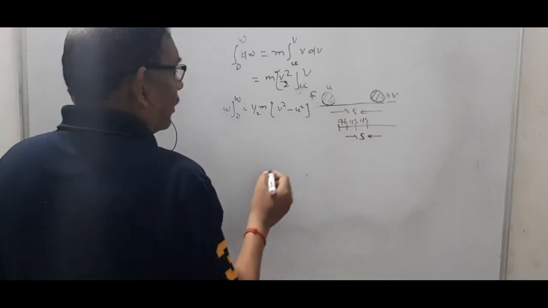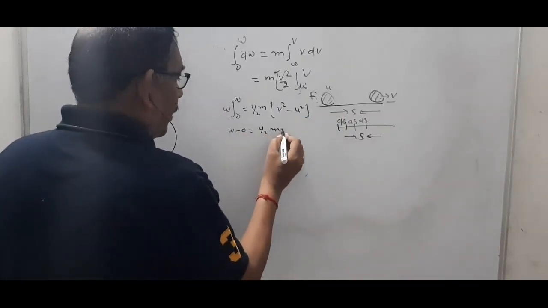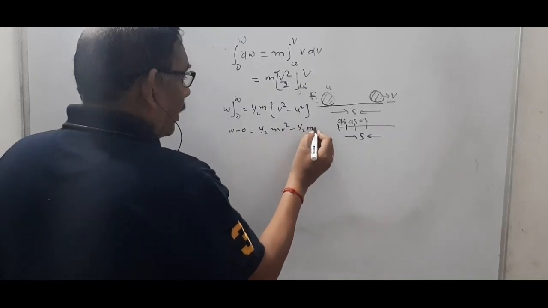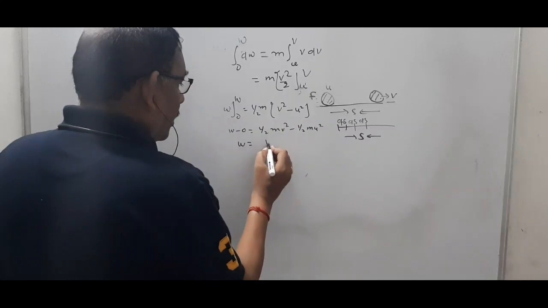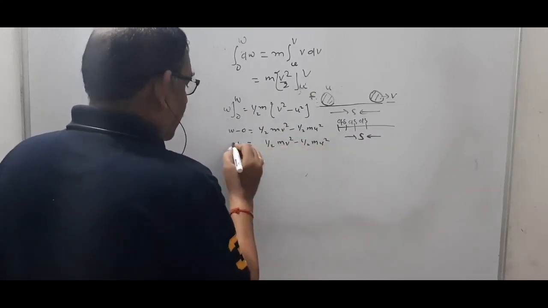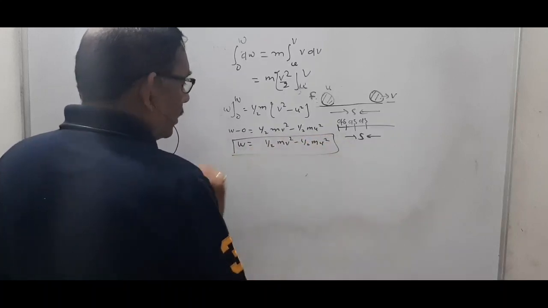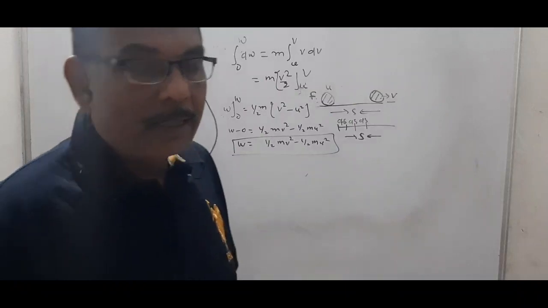So W minus 0 equals half m v square minus half m u square, or W is equal to half m v square minus half m u square. This is your work energy theorem: total work done is equal to the net change in kinetic energy.